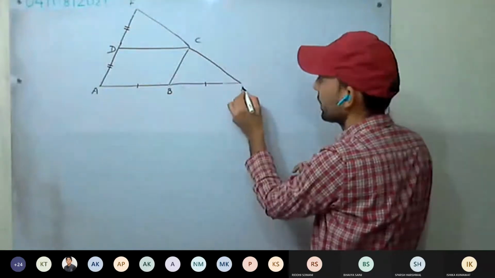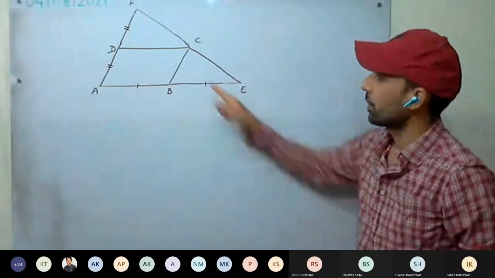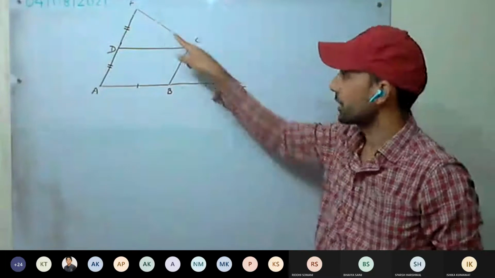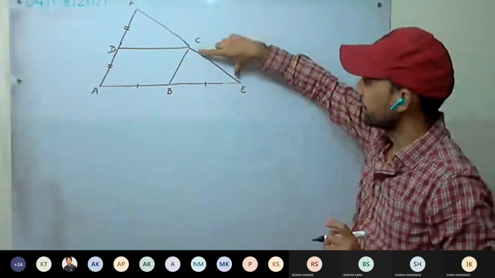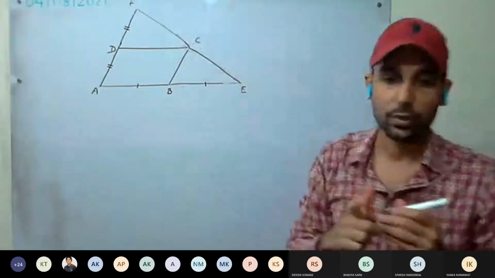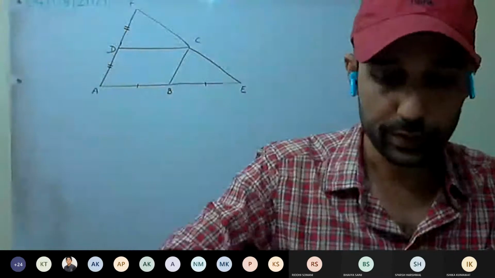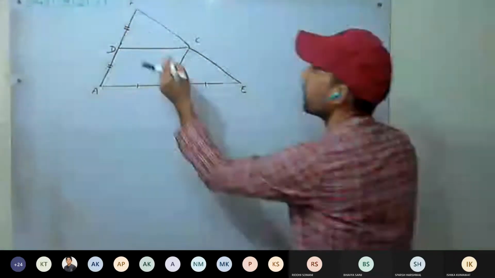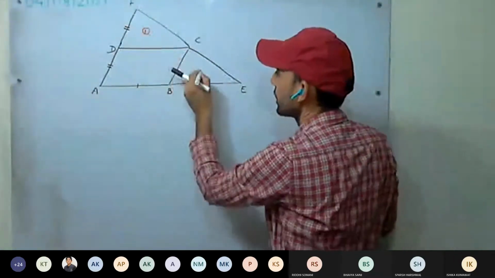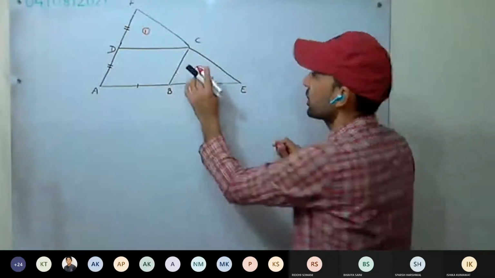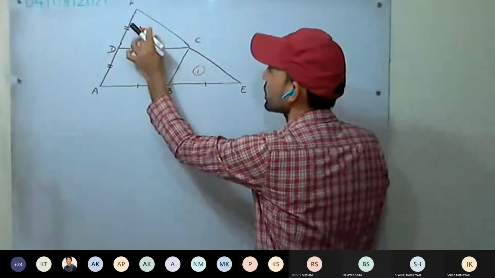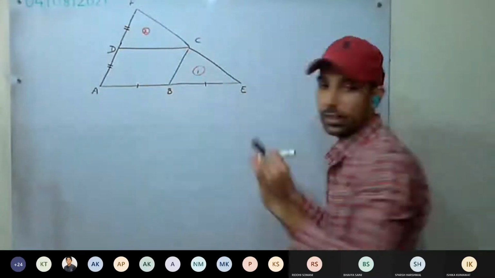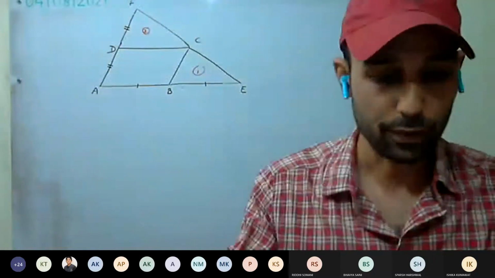FE is not a straight line. Remember that. This line we have drawn. Which two triangles do we have to prove congruent? First and second. These two triangles we have to prove to be congruent.